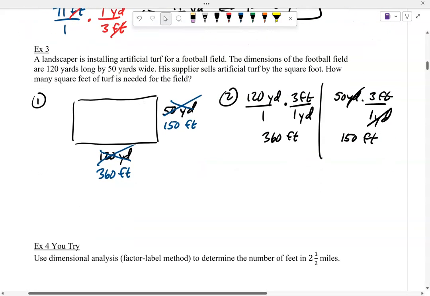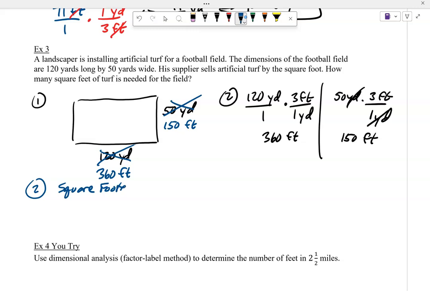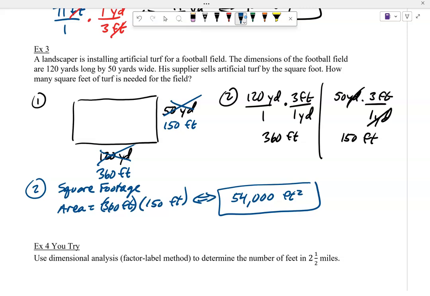So the total square footage, the area that we've got to put turf on, is 360 feet times 150 feet. So our square footage would be 54,000 square feet. So that's how many square feet we need of turf.